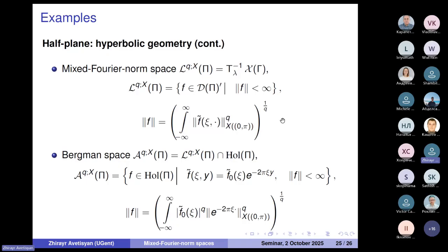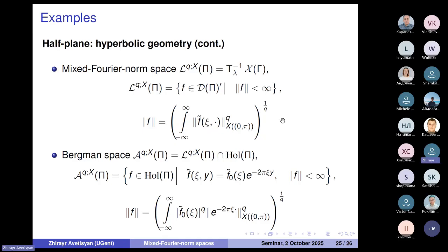So you have an LQ norm of the pointwise norm evaluation of the half Fourier transform, the half Mellin transform. If you translate it to your original coordinates, you are basically writing in terms of the Mellin transform.